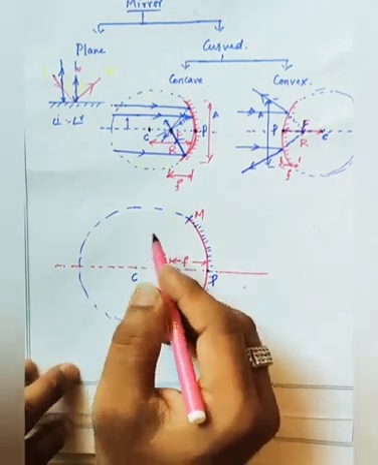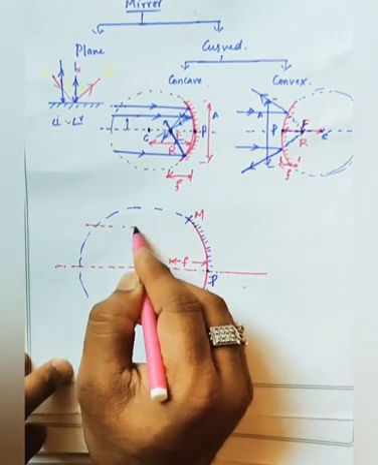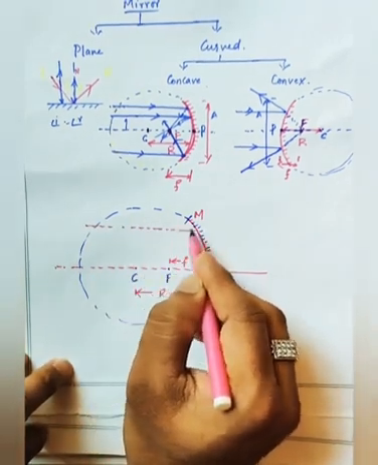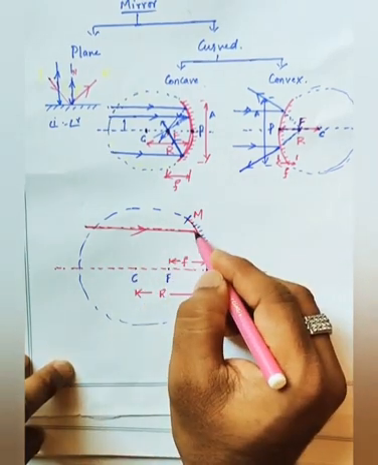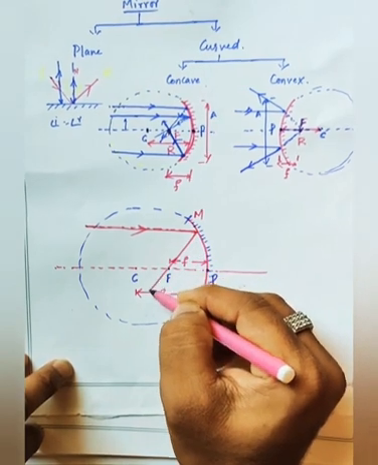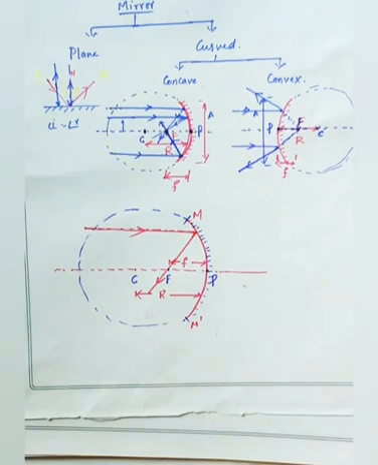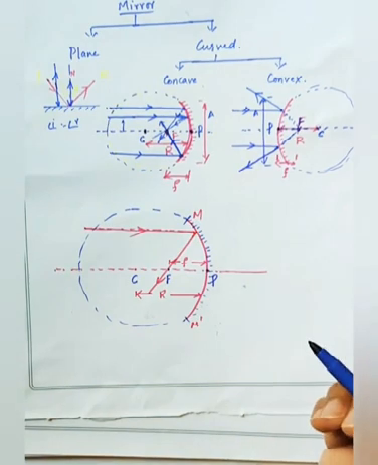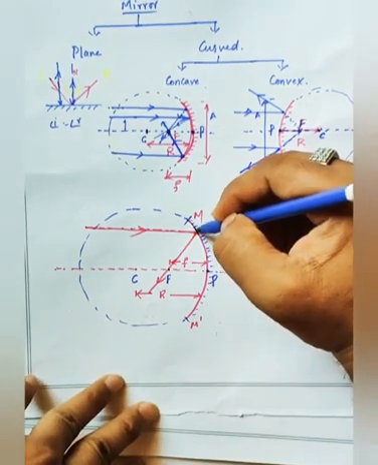Now suppose one ray is coming, and it is going like this. Okay, so this will strike. So where to draw the normal now? We know normal means perpendicular to this particular point, right?